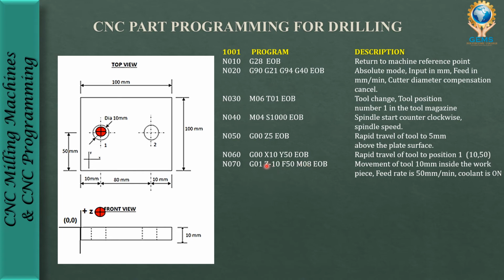So Z -10 means, the current position is Z5. If the tool comes here that is Z0, and -10 means this position. So I am informing the tool to come directly to this position. Automatically the tool will do this.